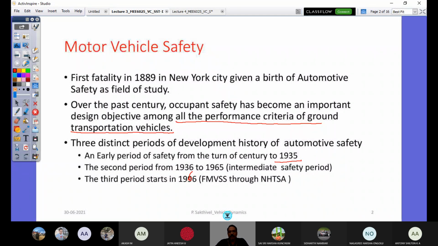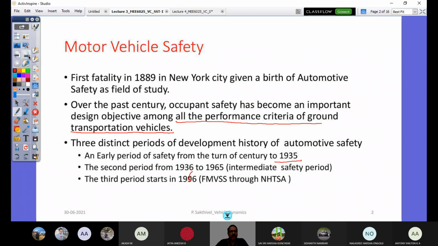The third period is very important because legislative acts and government regulations were brought in, and federal motor vehicle safety standards were administered through the National Highway Traffic Safety Administration.